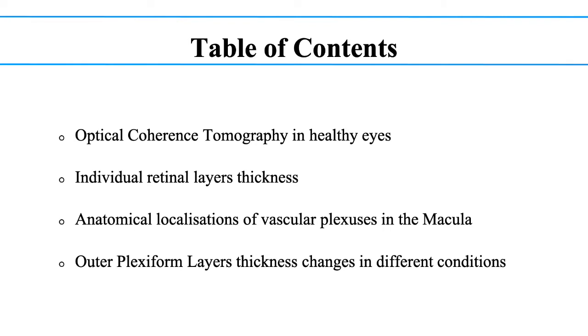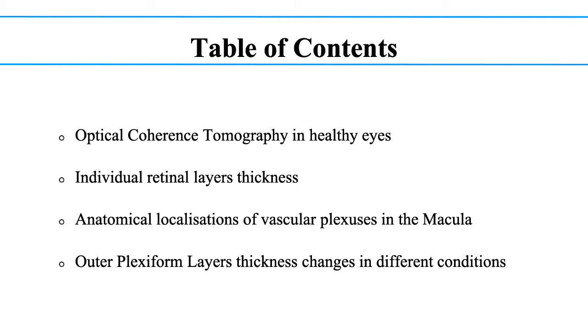Today I'm going to talk about optical coherence tomography, and we talk about outer plexiform layers, of course, and in brief we're going to see how OCT analysis works in healthy eyes, how we are able to visualize and to calculate the thickness of each individual retinal layer, and of course outer plexiform layer will be really important.